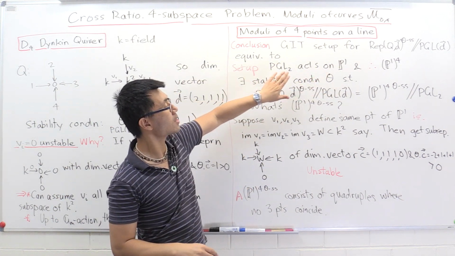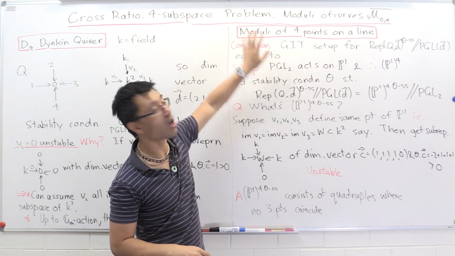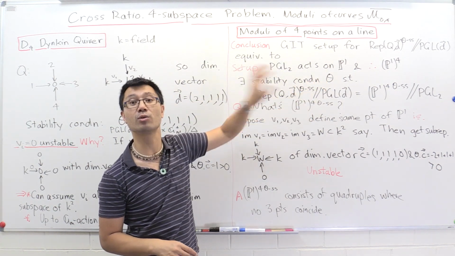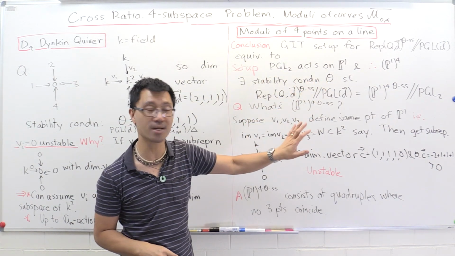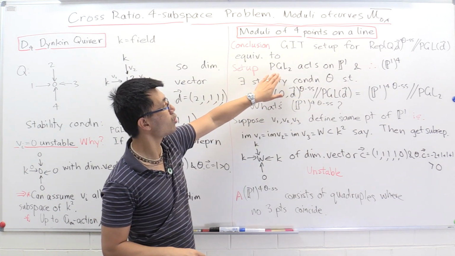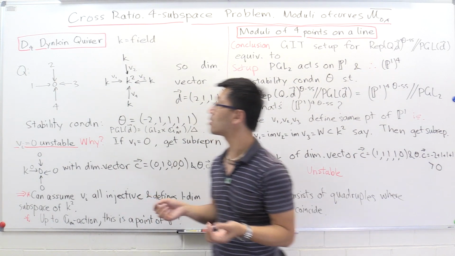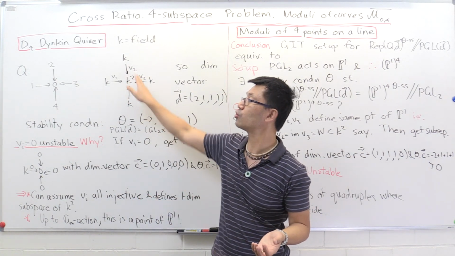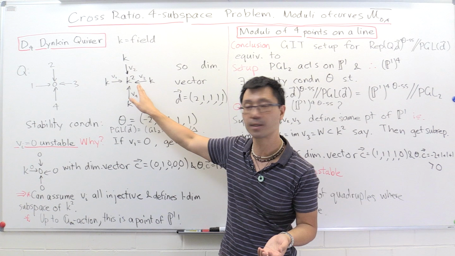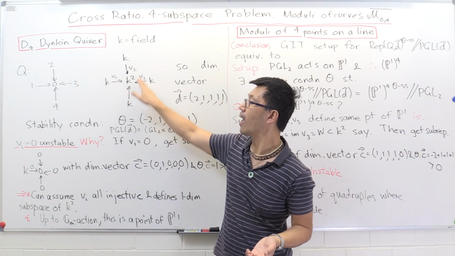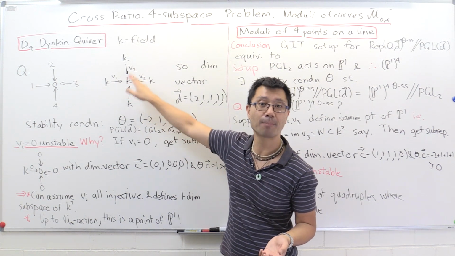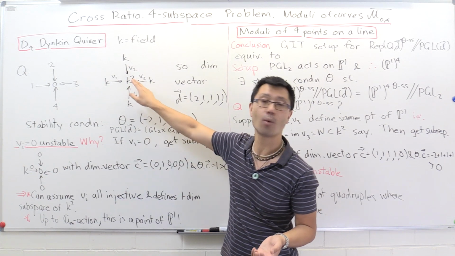So the first thing to note: what is the setup here for this moduli of 4 points on a line? How do we put it into a geometric invariant theory setup? The first thing to note is that PGL2 acts on P^1. Why is that the case? Well, remember GL2 acts on the two-dimensional vector space K^2, and here you want to look at this only up to scalar when you look at P^1, and you throw away the 0.